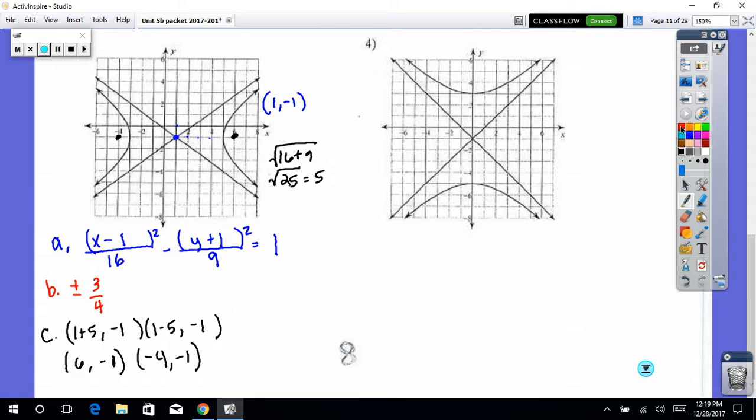Okay, number 4. It is a y hyperbola. And this time our center is at 0, -1.